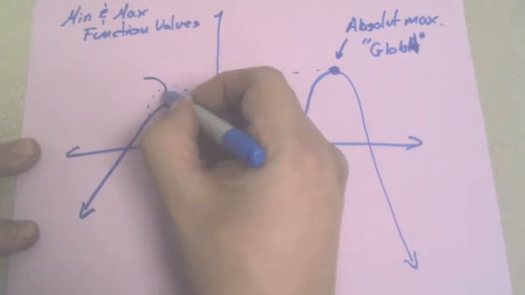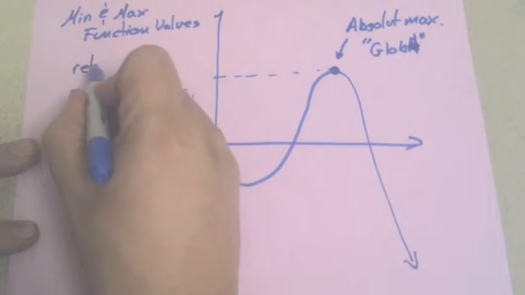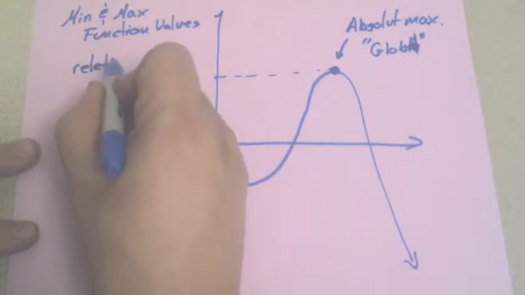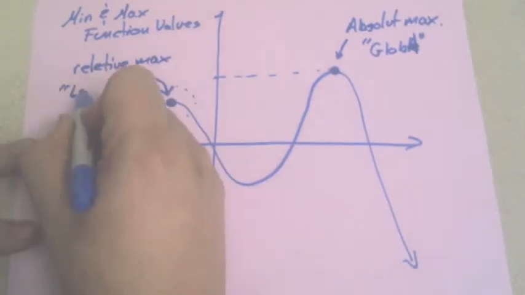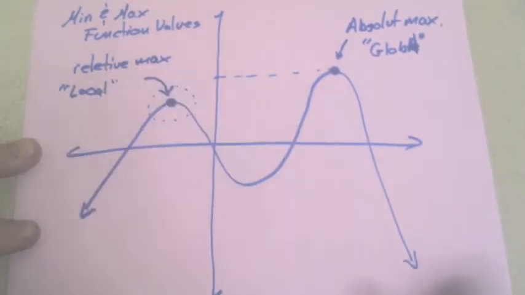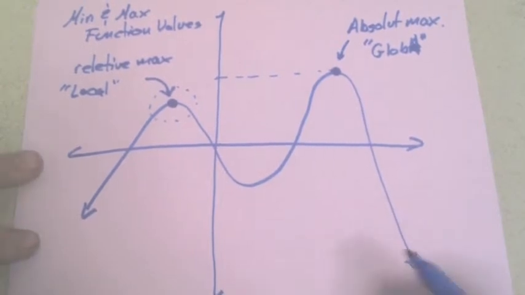So it's still referred to as a maximum. It is just a relative maximum, sometimes called the local maximum, because it is the highest point in its little place.